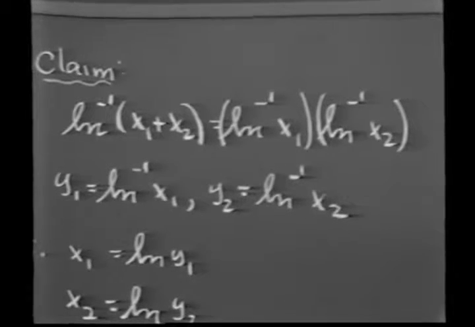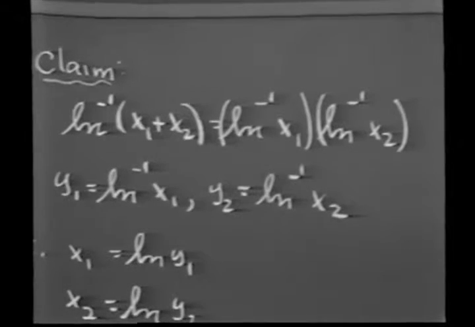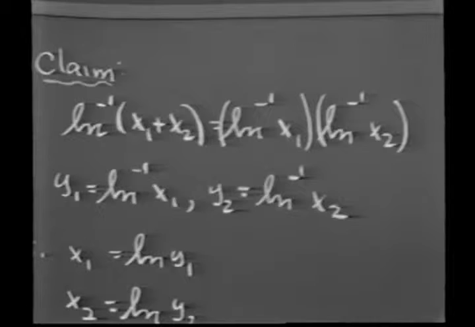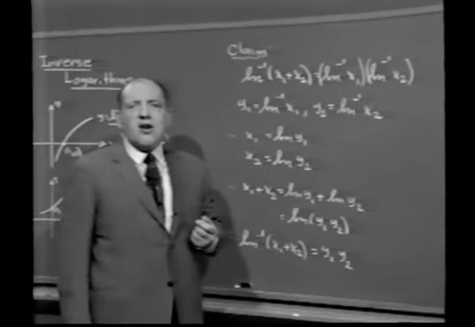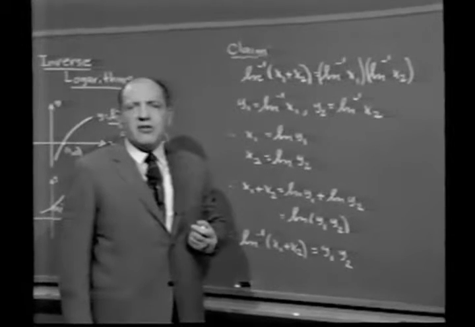Think of it in terms of the usual exponential notation. 10 raised to the x1 plus x2 power is the same as 10 to the x1 power times 10 to the x2 power. In other words, if our ln function is genuinely a logarithmic function, we would expect the inverse of that function to be a genuine exponential function.